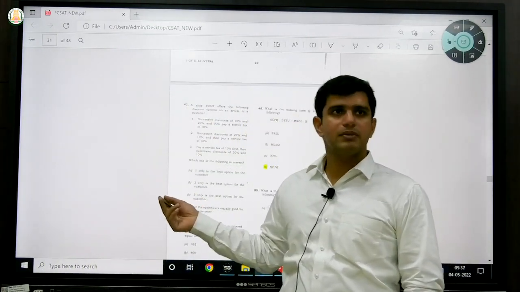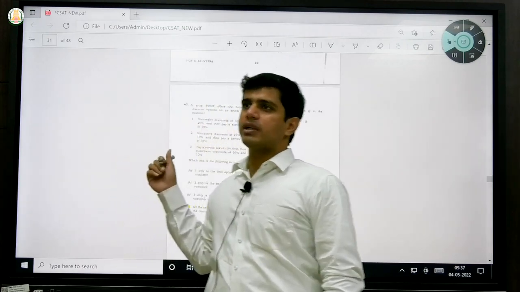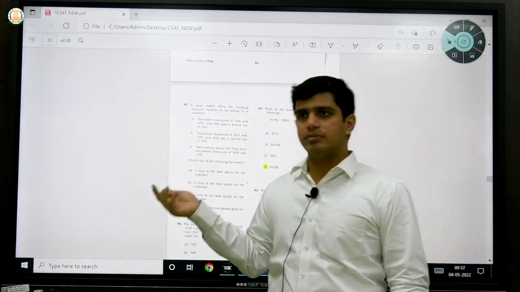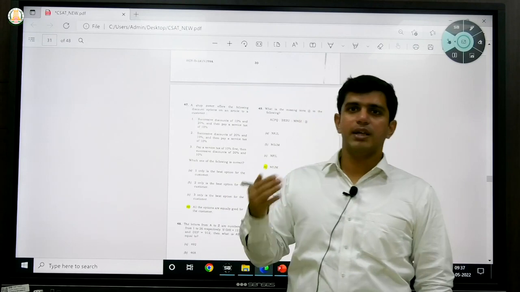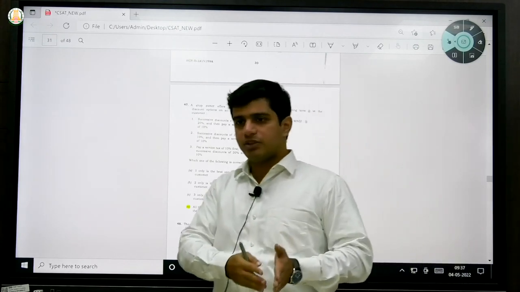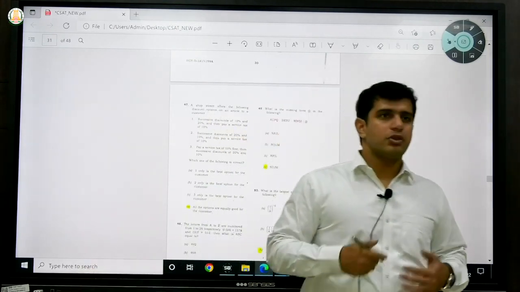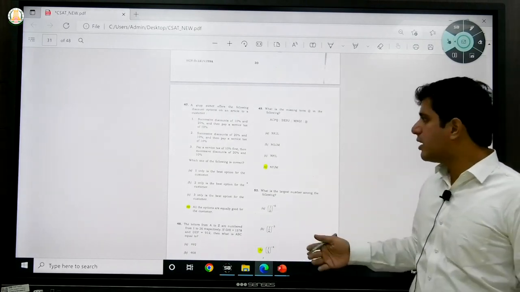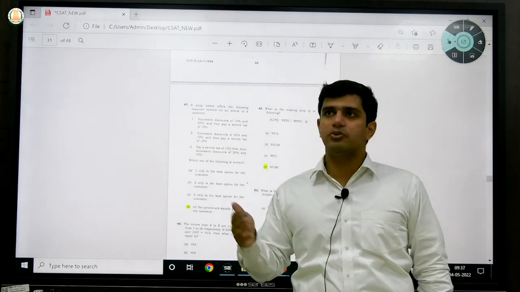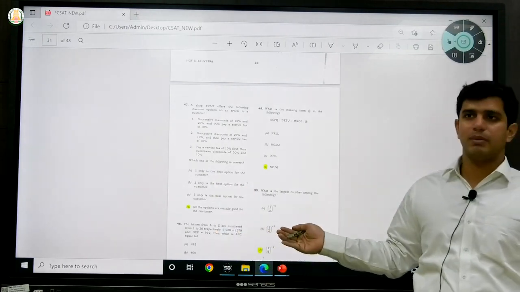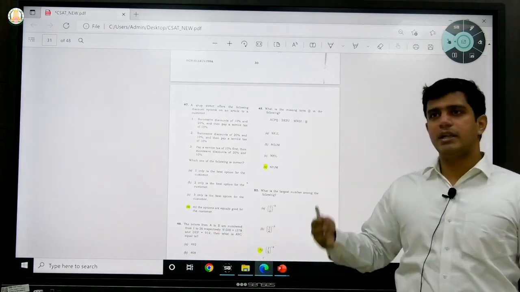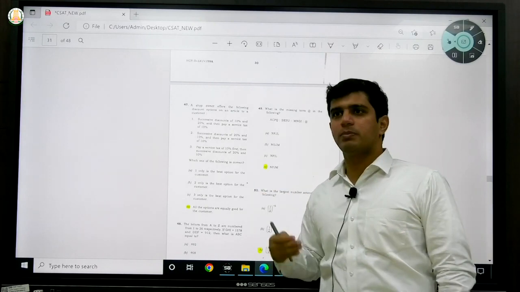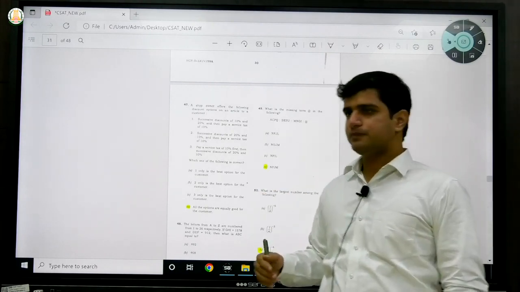So if you give me the 2022 paper also, I'll solve it without preparation because I was familiar. So you also try to be familiar with these questions and different models, and trust me, if you can solve 5 proper CSAT papers, you will find that familiarity coming up. In 2022, you will be much more prepared and much more equipped.